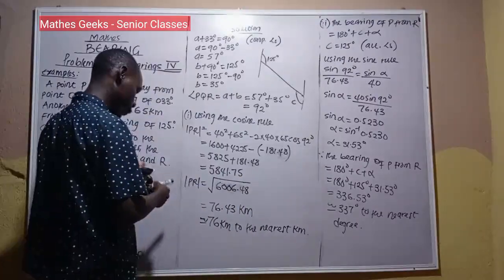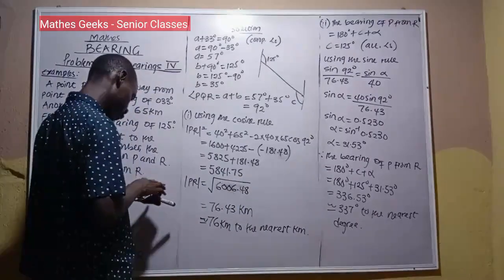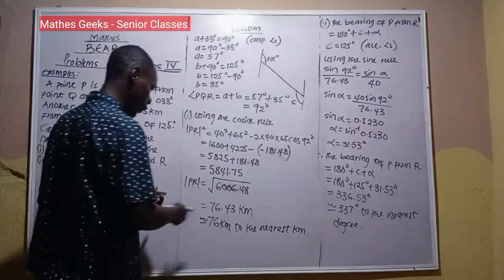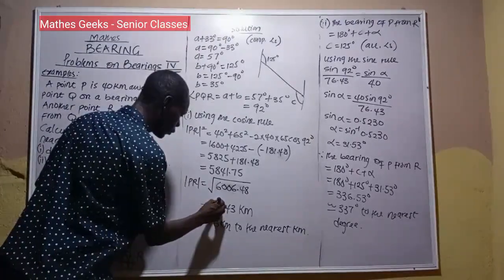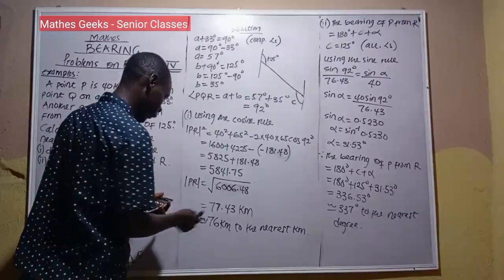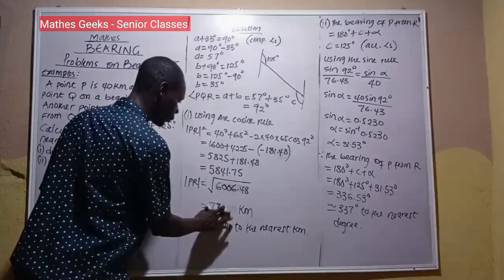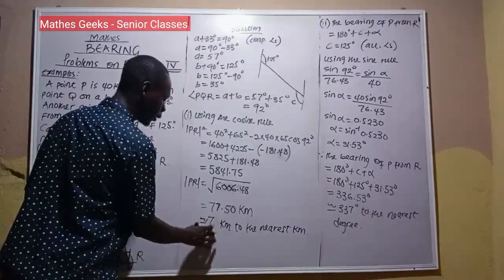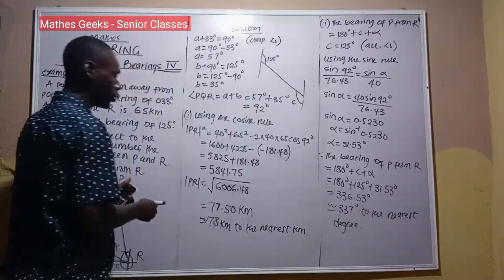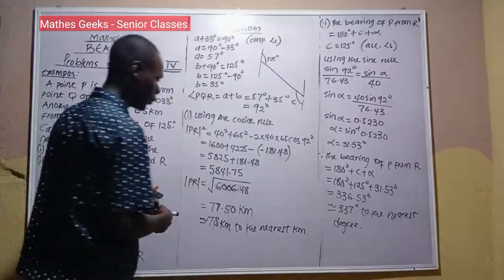And that will give me a square root of 77.50. When approximated, it is 78 kilometers to the nearest kilometer.